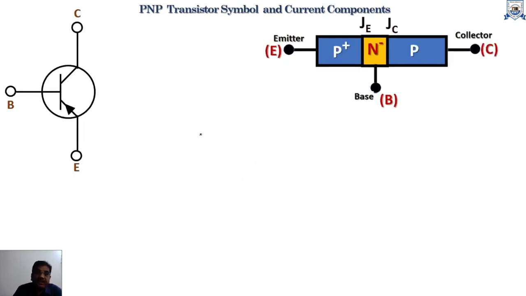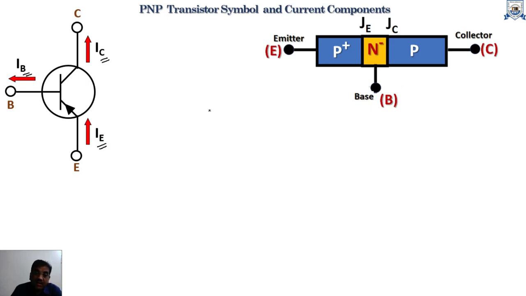In this figure, the PNP transistor symbol has been shown. If the arrowhead is going inward at the emitter terminal, this transistor is known as a PNP transistor. Here the various current components show that the current flowing through the base is known as base current, the current flowing through the collector terminal is known as collector current, and the current flowing through the emitter terminal is known as emitter current.